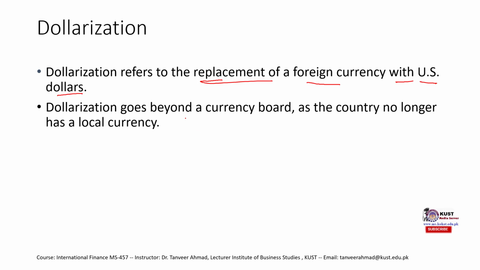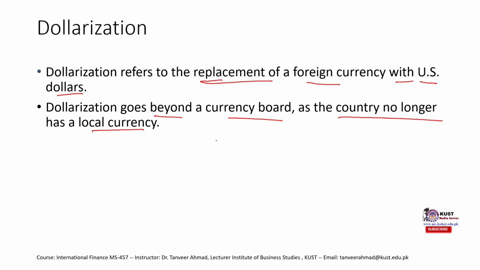In a currency board, we do not replace the local currency with foreign currency; we just link our home currency with other currencies. But in dollarization, we eliminate the local currency and simply replace it with a foreign currency. So it is one step beyond a currency board, as the country's own currency would not exist.